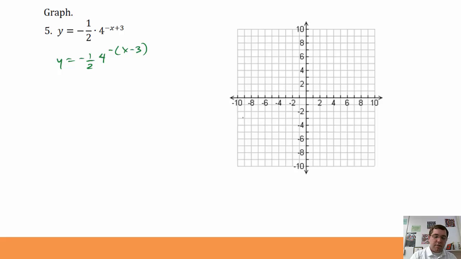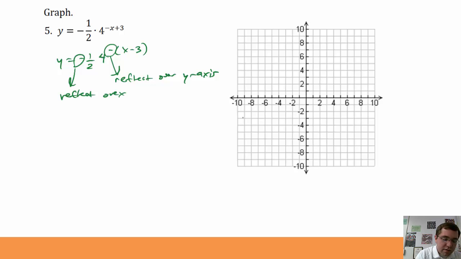So the negative up there means a reflection over the y-axis, while this negative in front of the 1/2 means a reflection over the x-axis. So I'm reflecting over the y-axis and reflecting over the x-axis. I'm multiplying by negative 1/2, and I've shifted to the right 3.